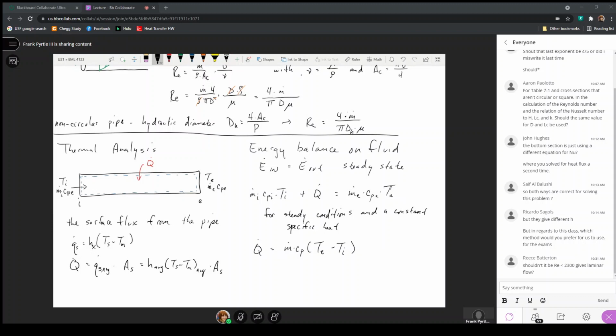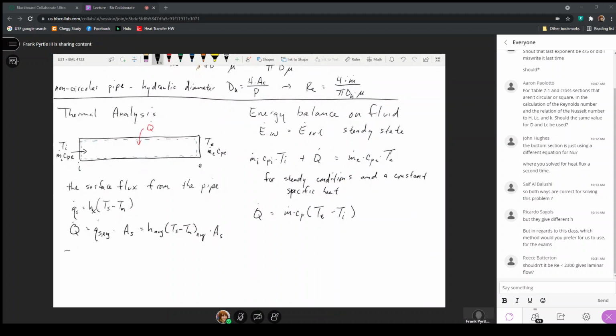But we can heat it by using a constant surface temperature, or we can do it by providing a constant surface heat flux.